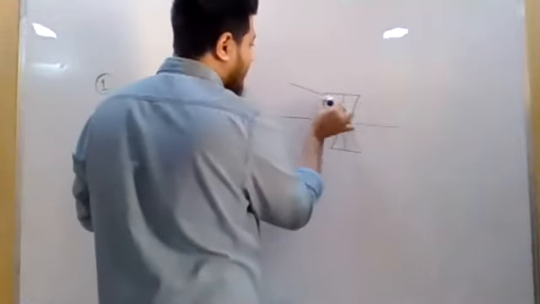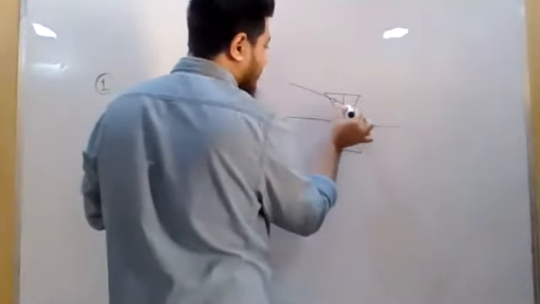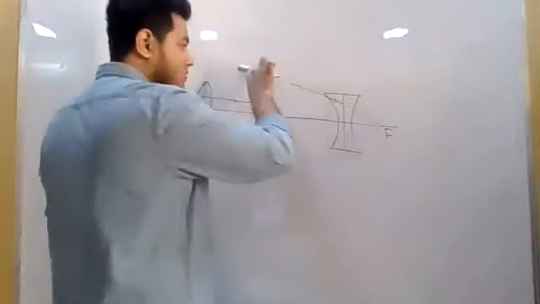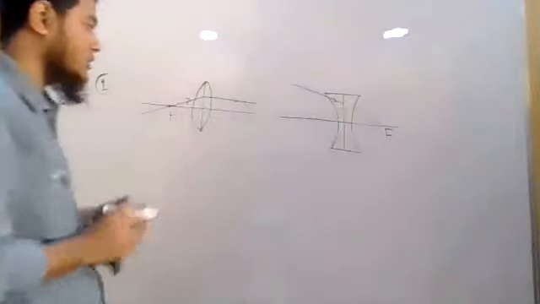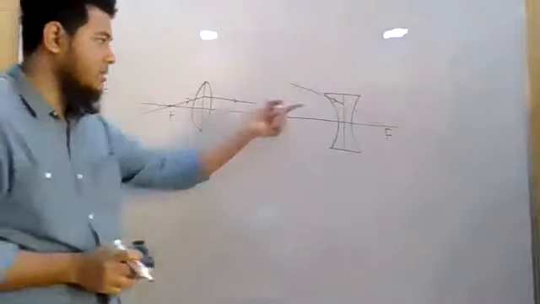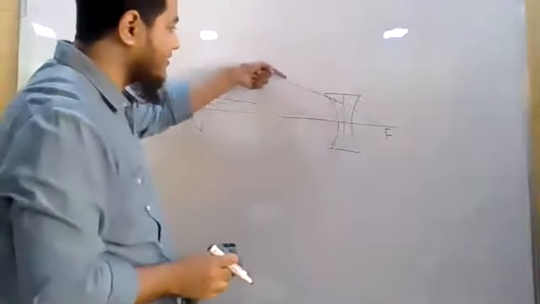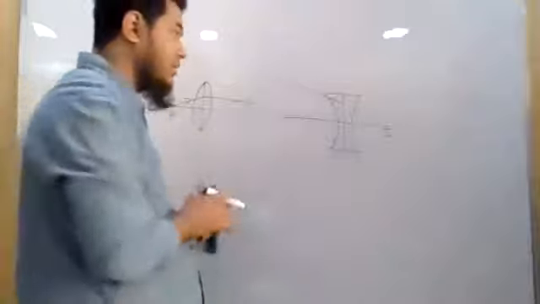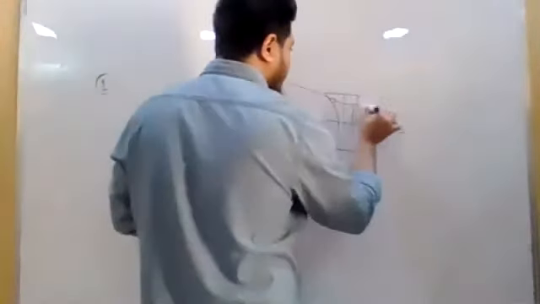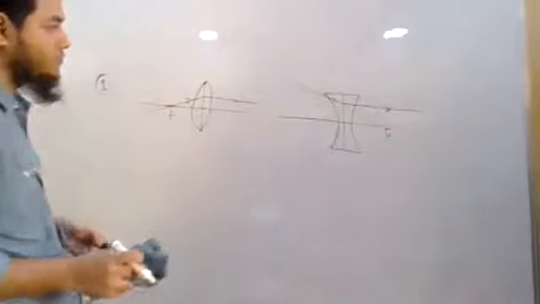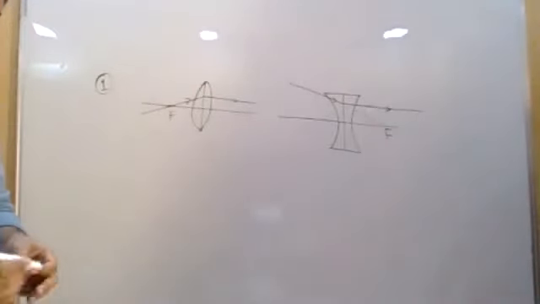If the light ray is incident along the principal focus, that means it was going towards the principal focus. We know that here the light ray is already passing through the principal focus, but here we have to say that the light ray is passing towards the principal focus. Then what will happen? After refraction, it will pass parallel to the principal axis. So these are the things you must remember.